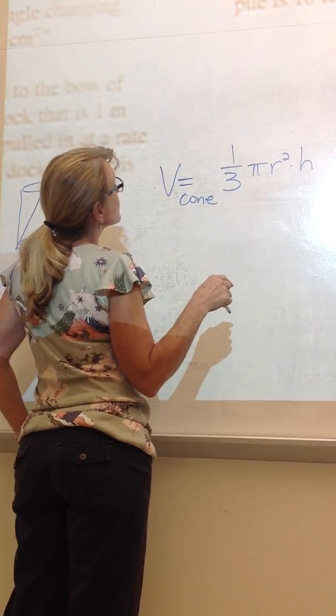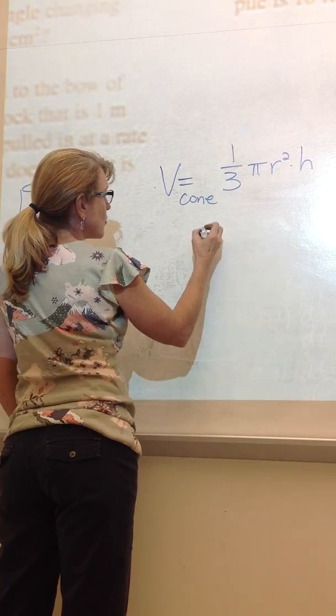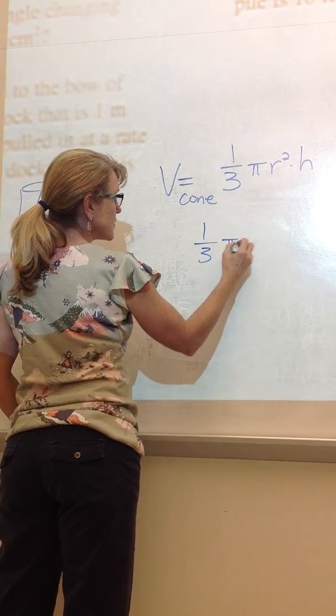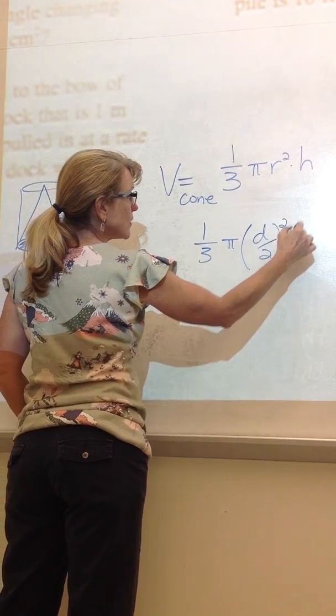Since they gave me information about the diameter, I probably want to rewrite that in terms of diameter. So radius is diameter divided by 2.